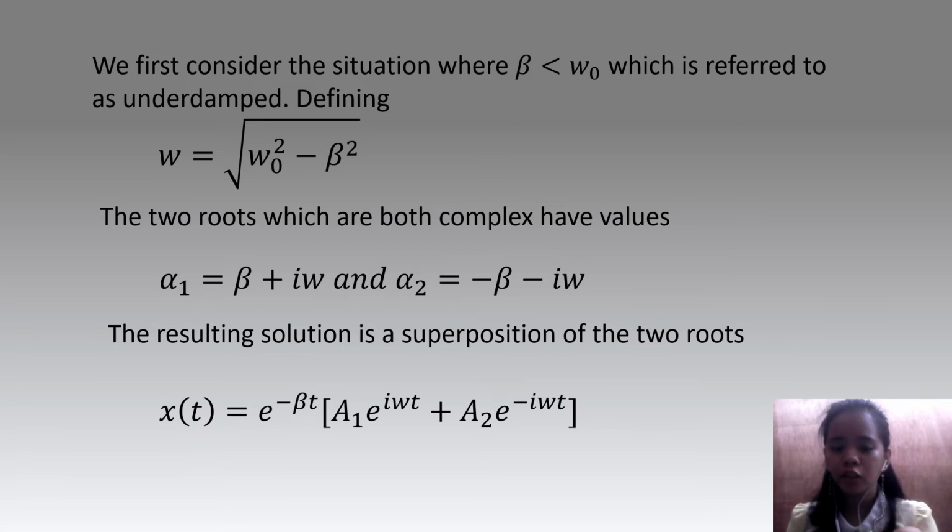We first consider a situation where β is less than ω0, which is referred to as underdamped, defining ω as equal to the square root of ω0² minus β².